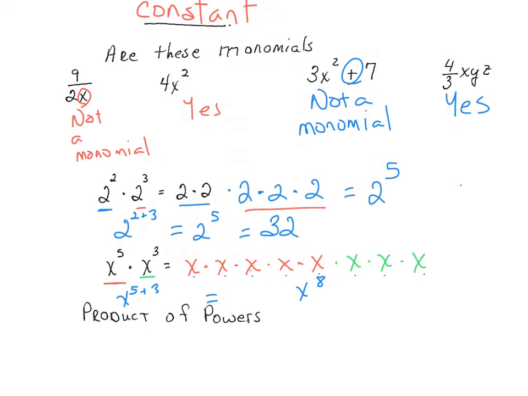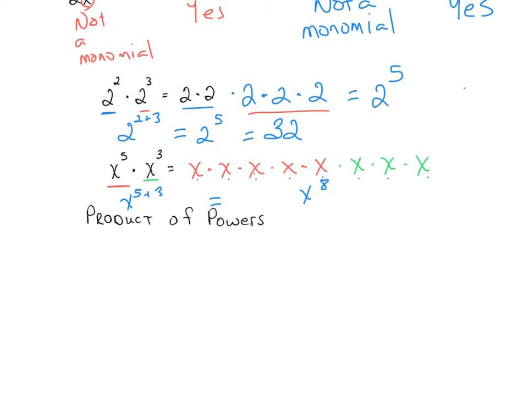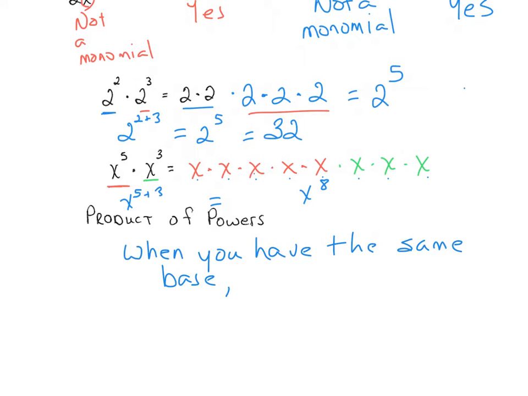So if we wanted to come up with a rule for the product of powers, we could say that if you have the same base, then we add the exponents.